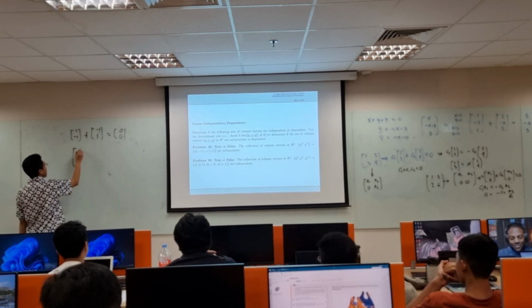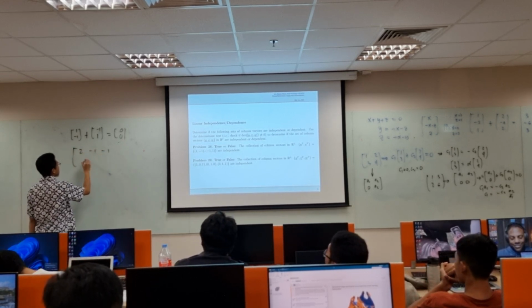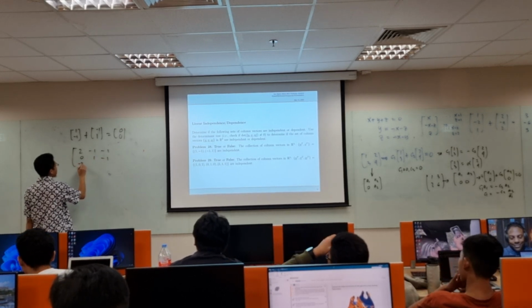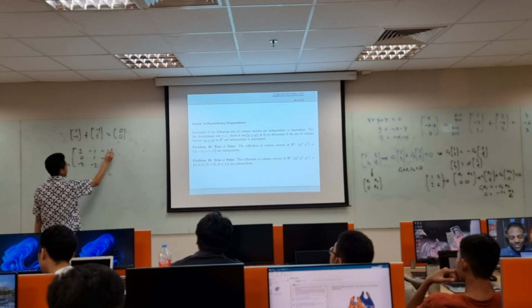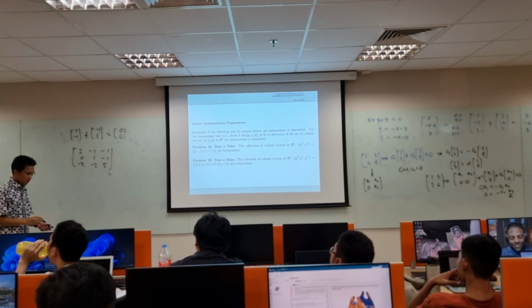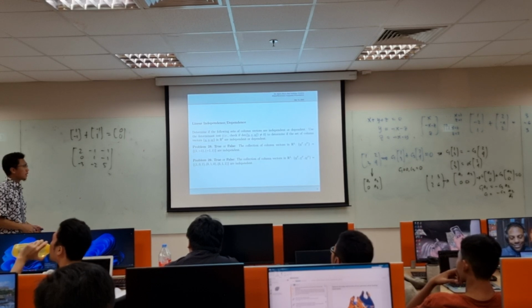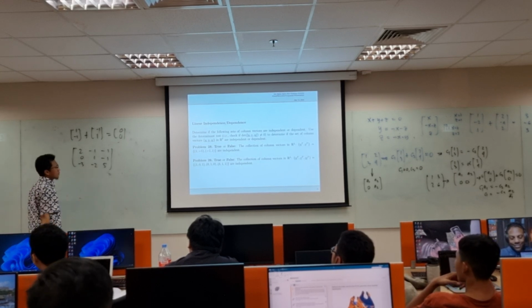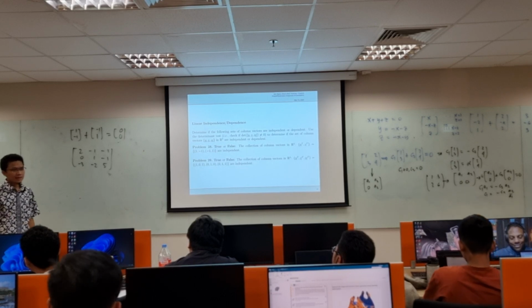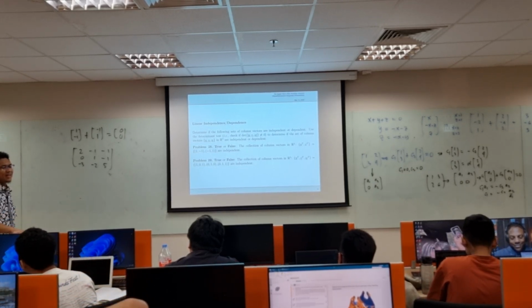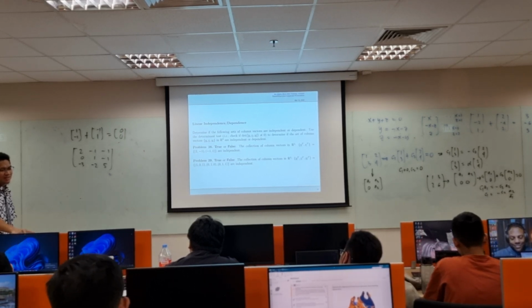What about this? Are these 3 columns linearly independent or linearly dependent? Computing the determinant is the fastest way.